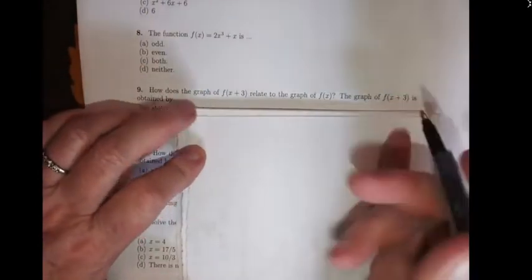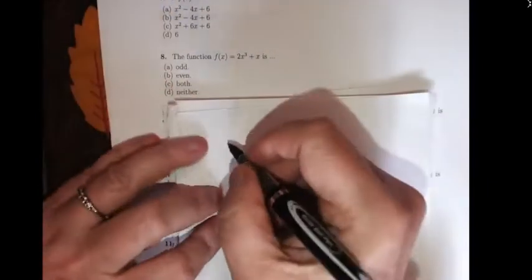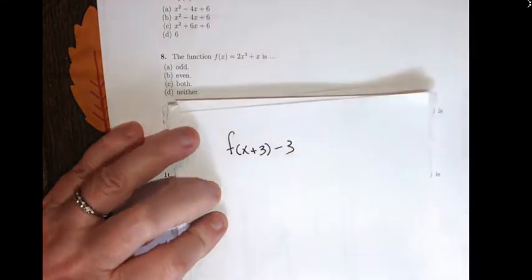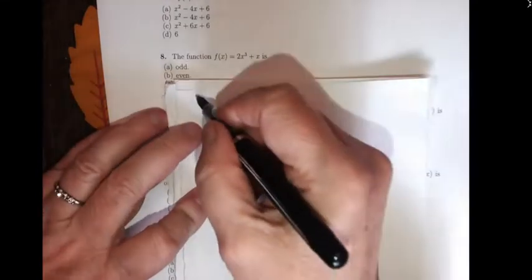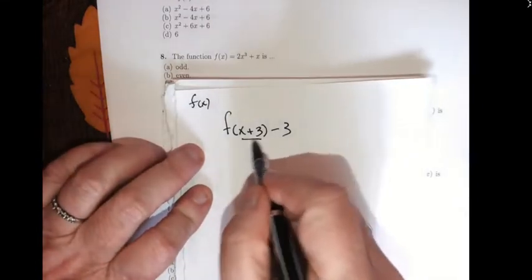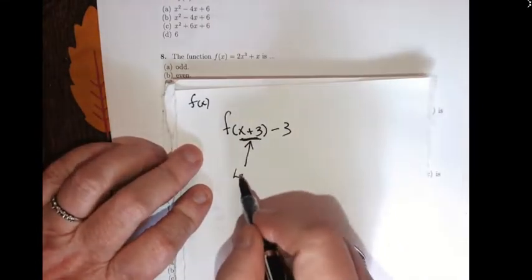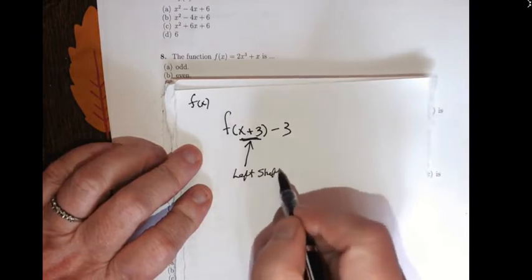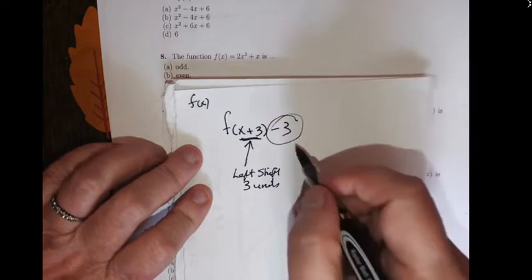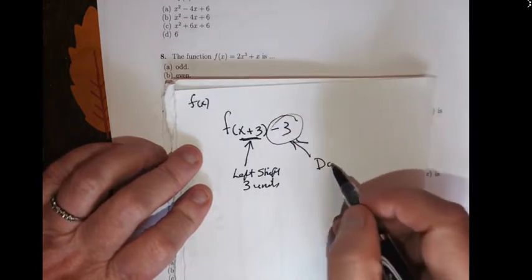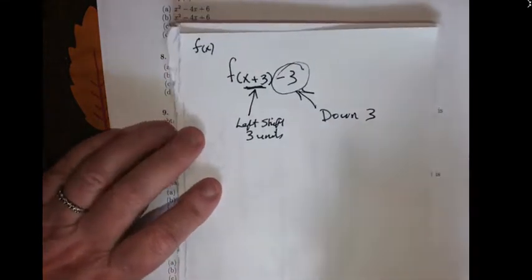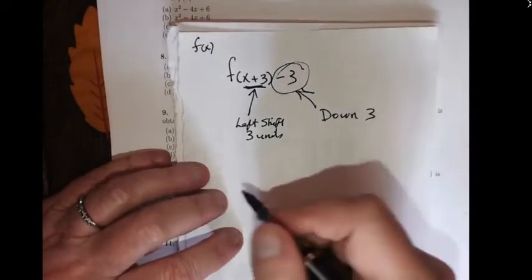So I would expect to see on your number 9, you know, what's that going to do to the original graph? Okay, well, this one is a left shift of 3 units. And then when it's outside, we're going to shift that one down 3. And so you need to know the difference between vertical and horizontal shifts.